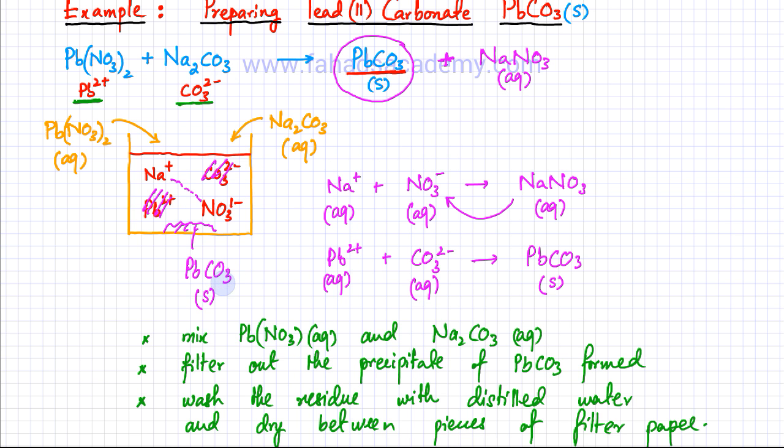Because it's insoluble, it's going to form a precipitate at the bottom which can be filtered out. The other ions, nitrate ions and sodium ions, are going to combine, but they're going to remain part of the solution because sodium nitrate is very, very soluble. It dissolves back into the solution as soon as it is formed, but lead carbonate can be filtered out. So that's how ionic precipitation would be used to form lead carbonate solid.